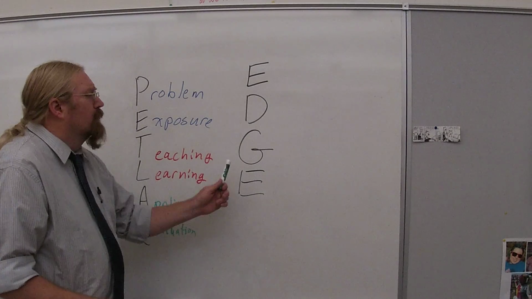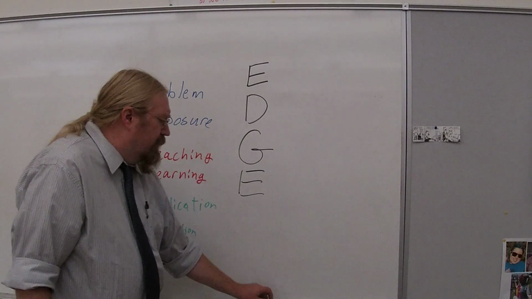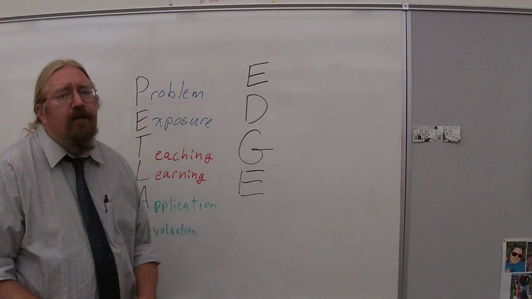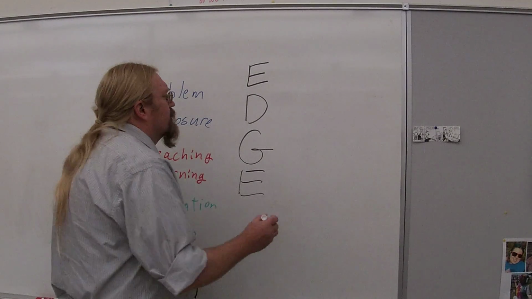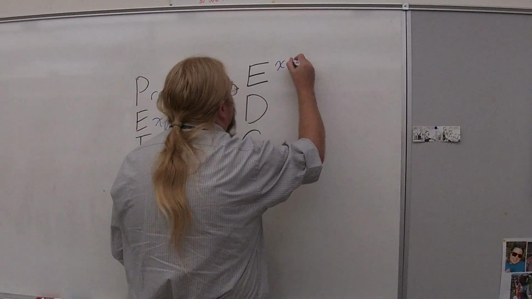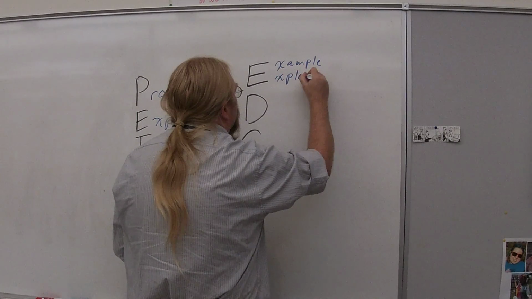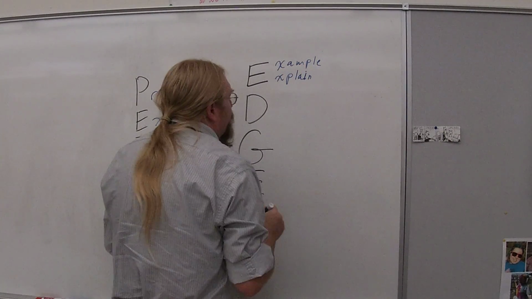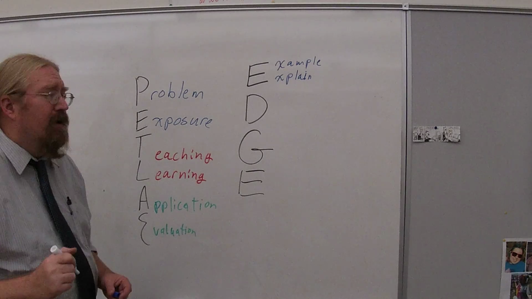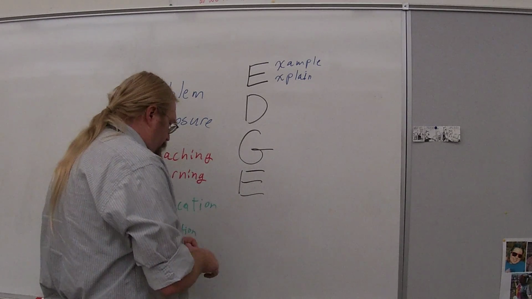The other way that this can work is what we call the EDGE method, okay? EDGE is example or explain, okay? I might give an example of something, or I might explain how something works.